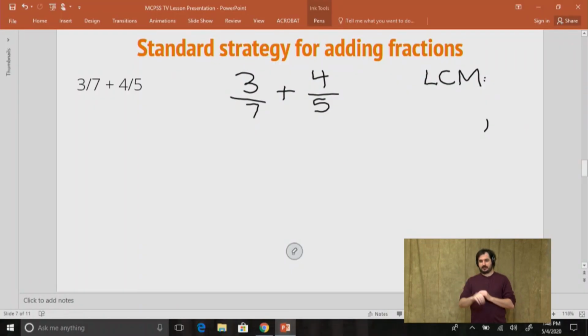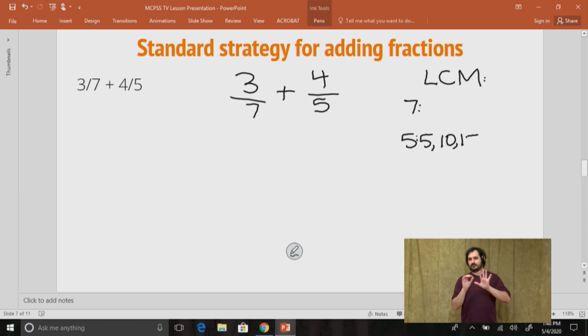Okay. So we have 7 and we have 5. I'll start with 5. So I have 5, 10, 15, 20, 25, 30, 35, 40. I think that's plenty. Let's go on to 7.